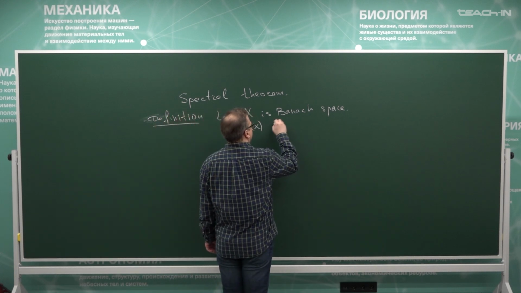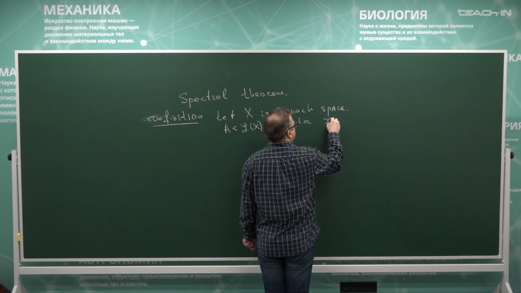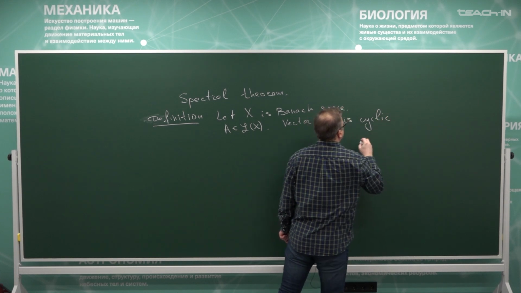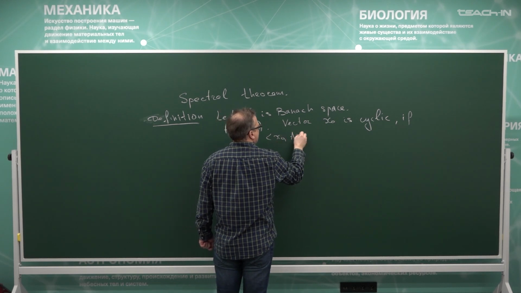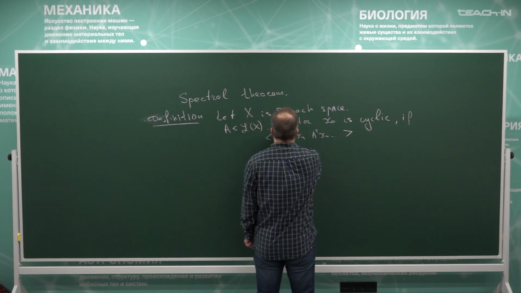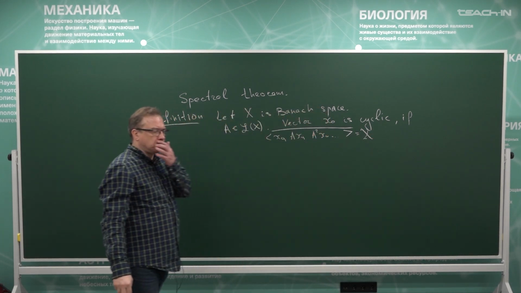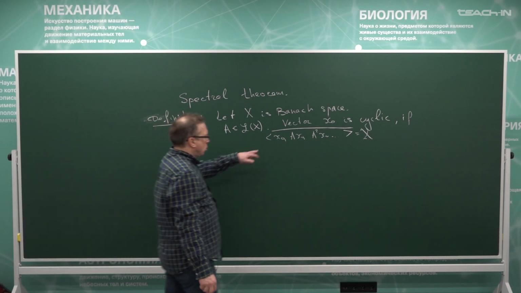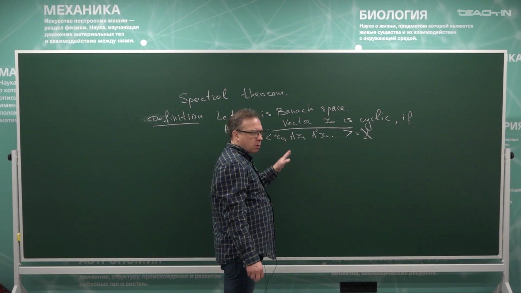A vector x0 is cyclic if the linear span of all powers is dense in our space X. So if the so-called positive orbit of the vector generates the whole space by linear span.